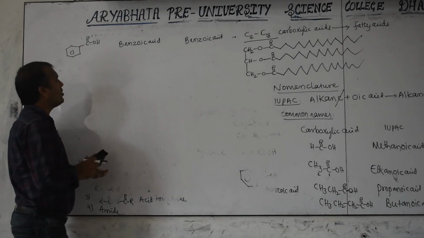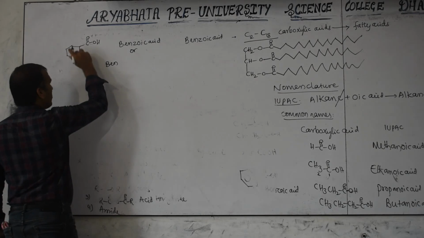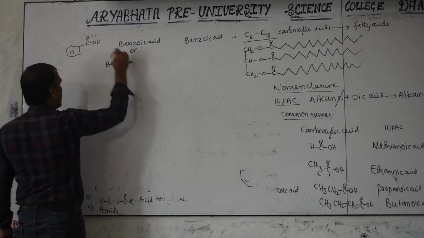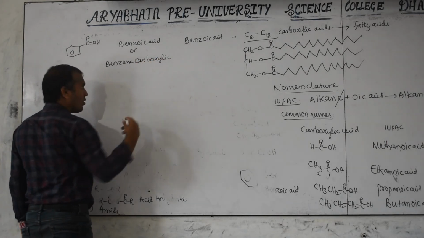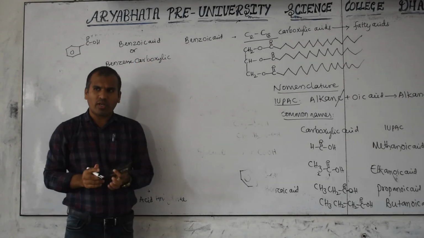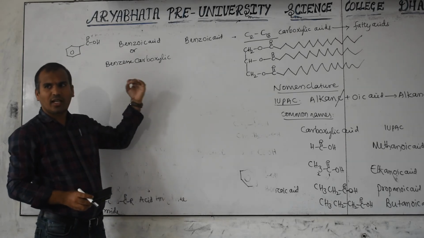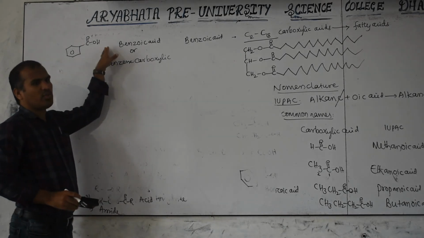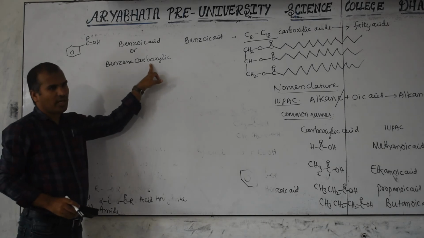How is it used? The cyclic name is benzene, and its name is carboxylic acid. If you don't know how I wrote this, refer to the IUPAC naming of aldehydes, where I clearly mentioned the rules: first the ring, then carboxylic acid. If it is an aldehyde, benzene carbaldehyde.